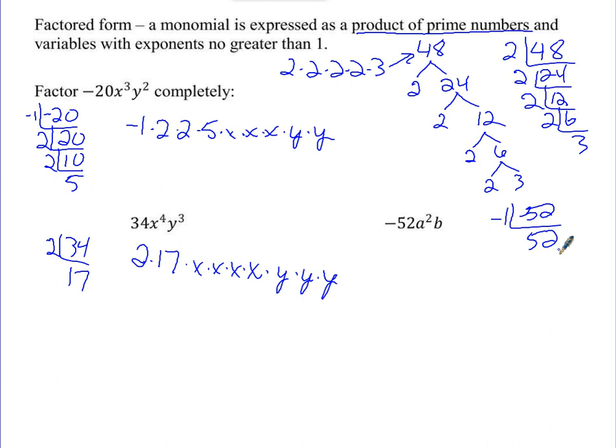So what's my first move? 2, which gives me 26. And that's not prime. 2 and 13. And 13 is prime, so that's done. So what's my answer? There you go.